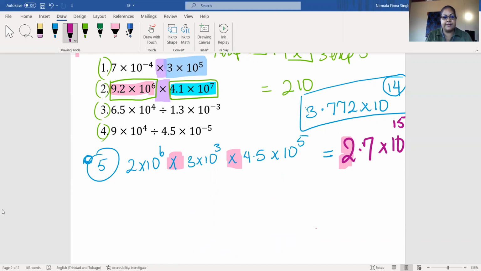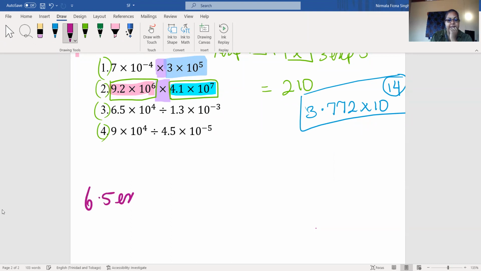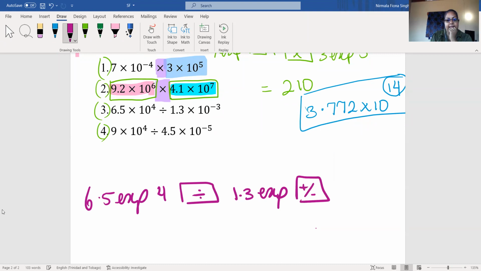So let's go on to the divide section. When you're dividing, you're sometimes going to get a smaller number, depending on your values. So I have 6.5 by 10 to the 4 divided by 1.3 by 10 to the minus 3. So this is what we're doing: 6.5 EXP 4, divide, 1.3 EXP plus or minus sign 3, and then you hit your equal sign.